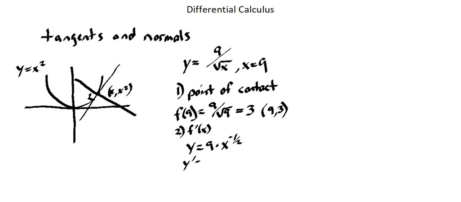Now when I calculate my derivative, I have my constant multiple 9 times, and I use the power rule: bring down my exponent, negative 1/2, times x, and reduce my exponent by 1. Negative 1/2 minus 1 is negative 3/2. So now I have my derivative function, and I can simplify to negative 9 over 2, x to the power of negative 3 over 2.